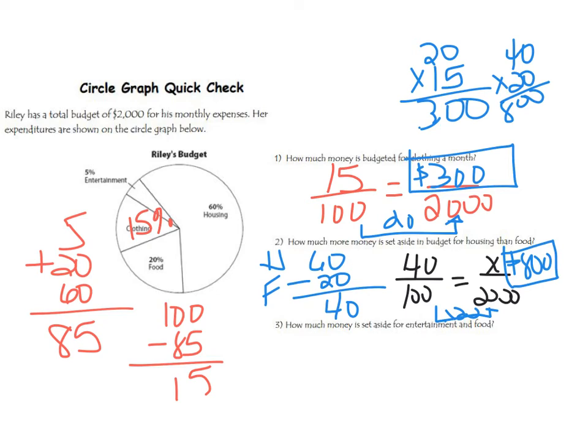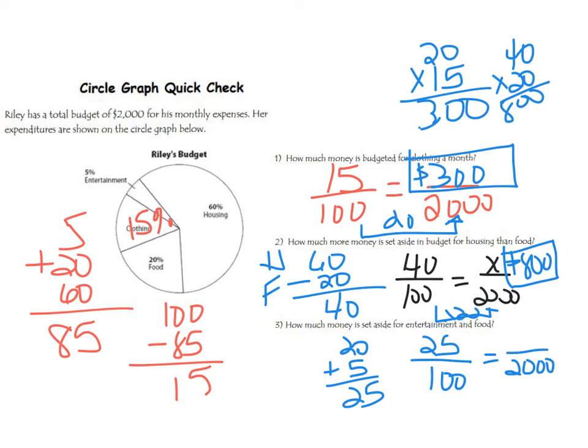And the last one, it says how much money is set aside for entertainment and food. Because they're saying entertainment and food, you're adding those two percentages. So that's going to be 20 plus 5, which is 25. So then we have 25% out of 100, and we're going to find out how much that is out of 2,000. So again, it is times 20.